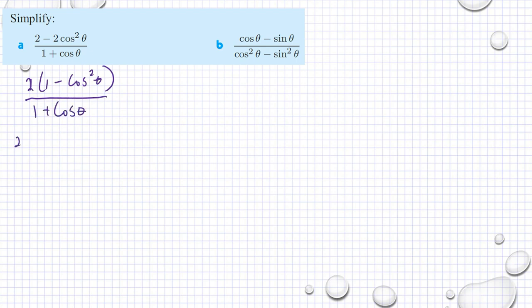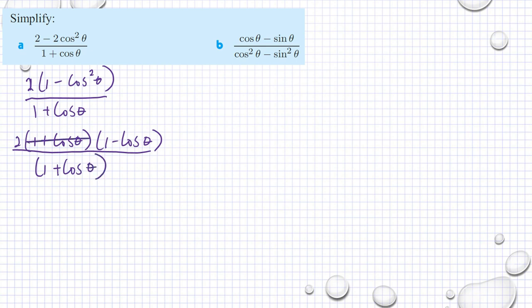And then we have 2 times 1 plus cosine theta, 1 minus cosine theta, by the factoring of the difference of two squares. That should be, that's the real name. Okay, this 1 plus cosine theta over 1 plus cosine theta is equal to 1 now. Then we have 2 times 1 minus cosine theta.